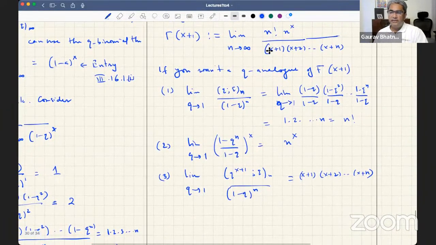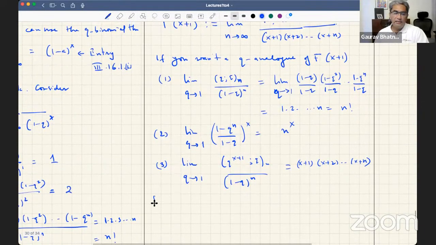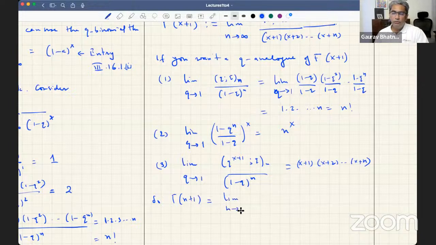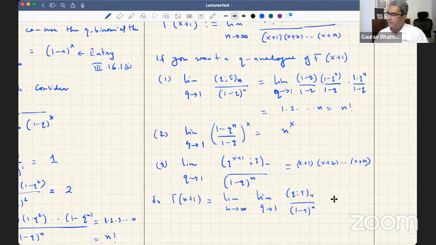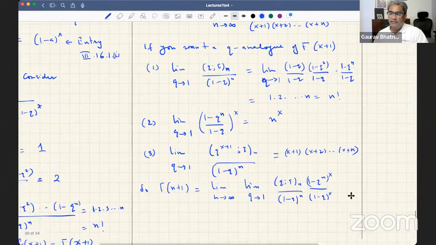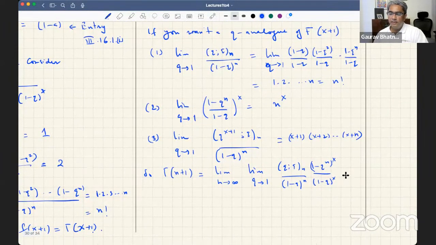So putting all these three things together, gamma of x plus 1 would be the limit as n goes to infinity, limit as q goes to 1 of (q;q)_n divided by 1 minus q raised to n, then 1 minus q raised to n, raised to x, so 1 minus q raised to x. Then in the denominator, you will get (q raised to x plus 1; q)_n over (1 minus q) raised to n. So this cancels.